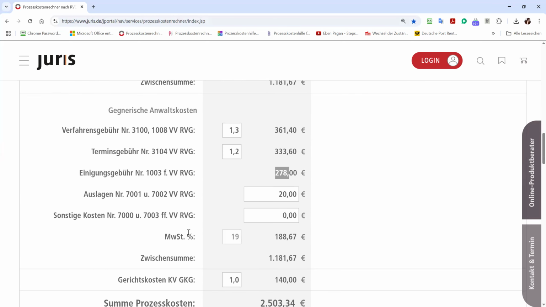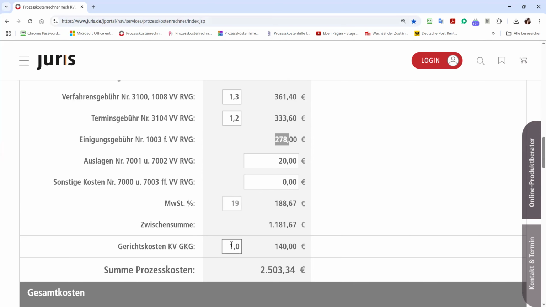Okay. On the other hand, the court costs are reduced to only one third. As you can see here, they no longer amount to 420 euro, but only to 140. So the plaintiff is actually getting part of the court charges back when he reaches a settlement.